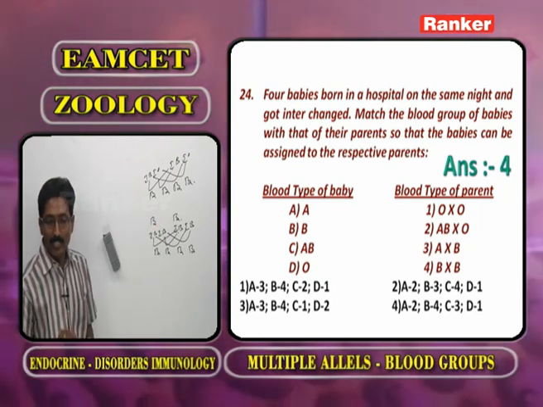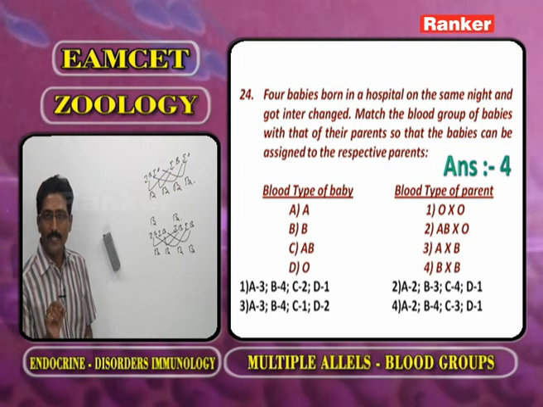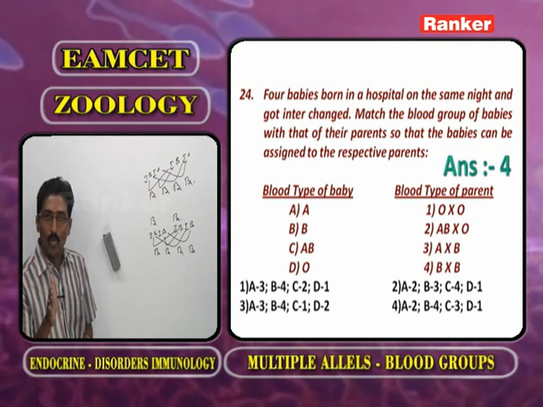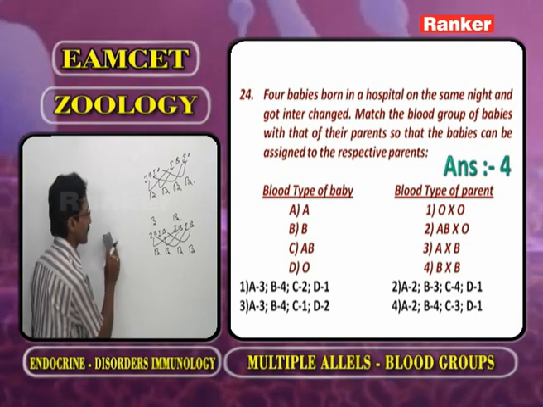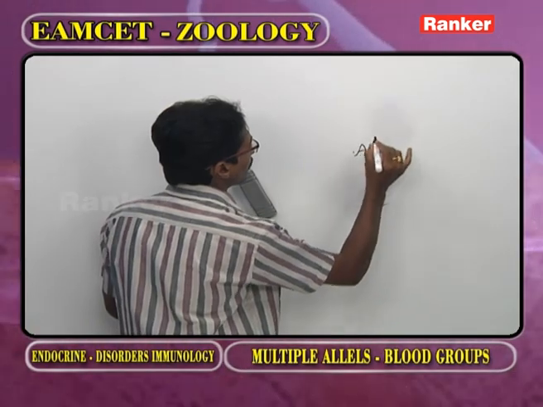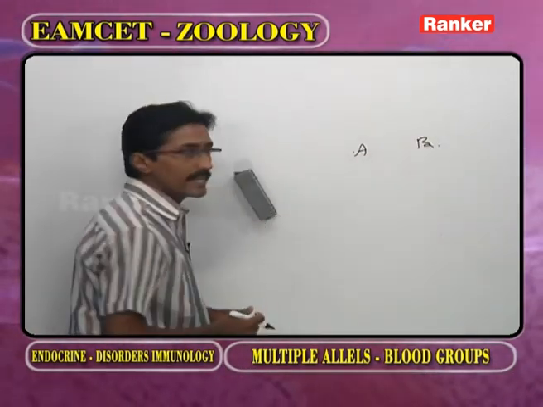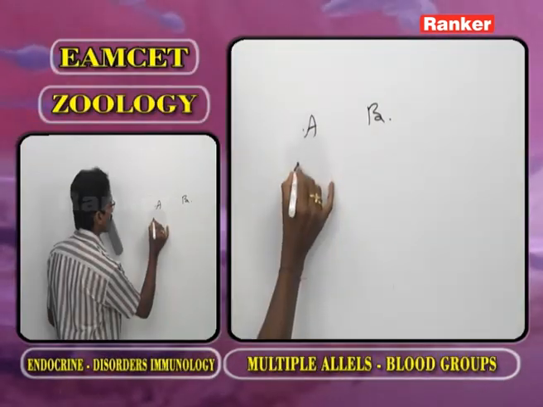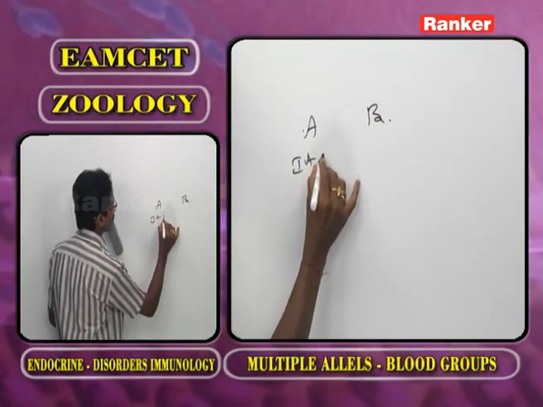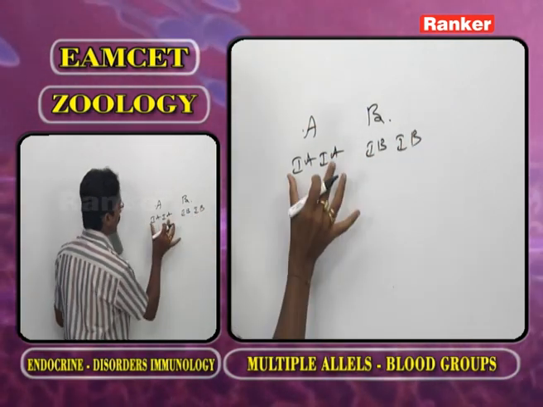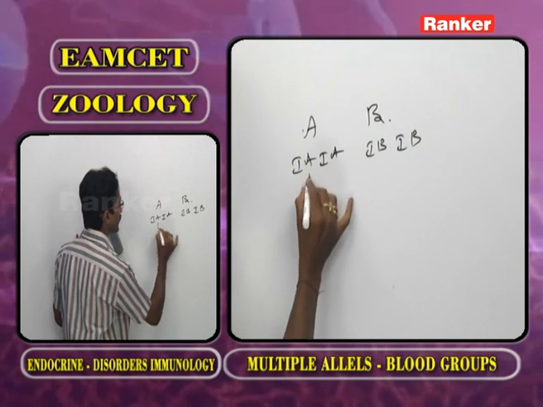Now, the next one, the third baby's blood group is AB. Now, the third baby is handed over to what type of parents? Father blood group A, mother blood group B. Now, as we observe the A blood group, IA IA, and IB IB, homozygous dominant, homozygous dominant.